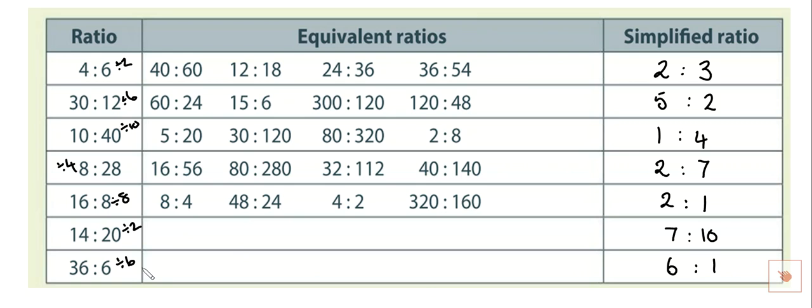Okay. So that was the simplified ratio stuff. Did everyone get that? Except for the last one. Right, did anyone come up with an equivalent ratio for this first one? 6 to 9, you think?